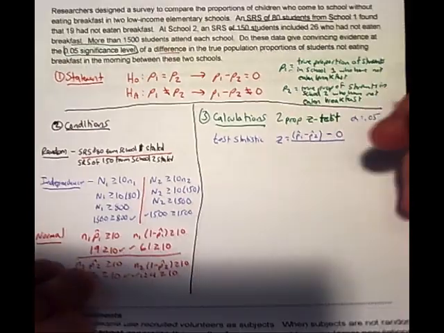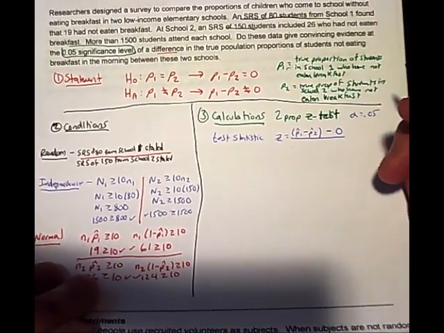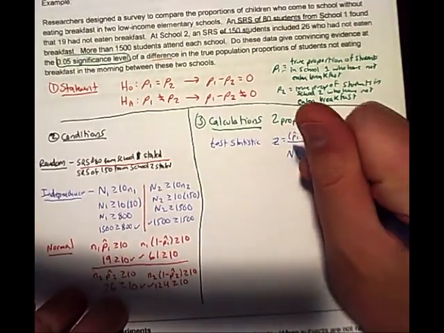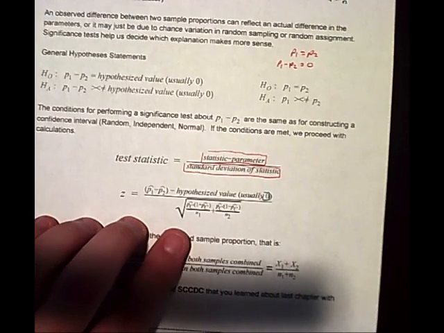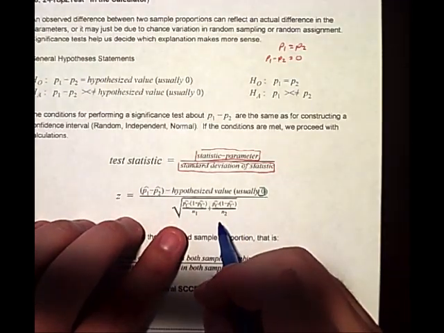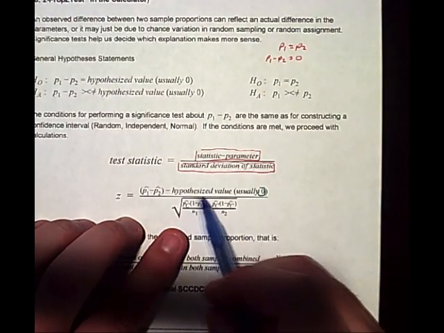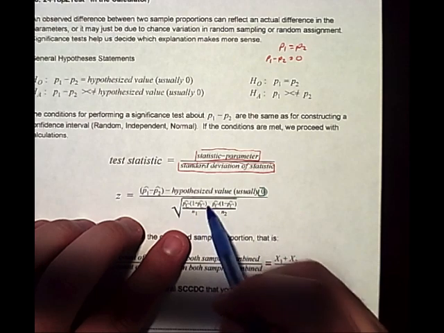These are the same: p hat combined, 1 minus p hat combined.